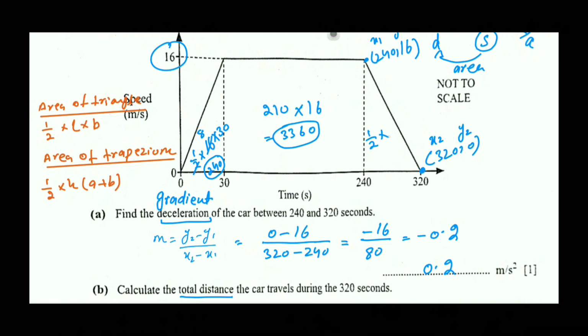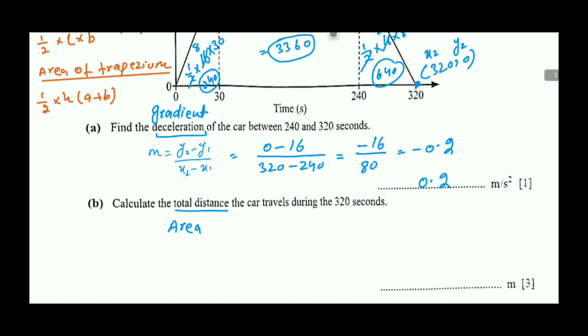Now the area of this triangle: 1 over 2 into height, which is 16 again, and width is 320 minus 240, which is 80. Multiply by 80. 2 8s are 16, 8 8s are 64. 640 is the area of this triangle.